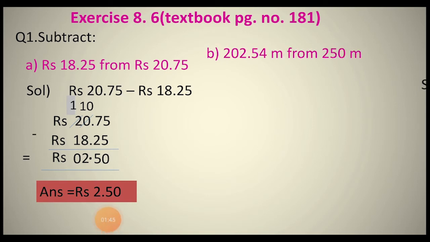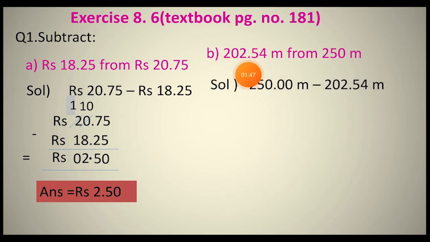Now see the next question, that is 202.54 meter from 250 meter. Here, children, you can see the numbers given in meter are not in decimal form. So first you need to arrange those numbers in decimal form. The number written after the word from was 250 meter only, so no digits were present after the decimal point.